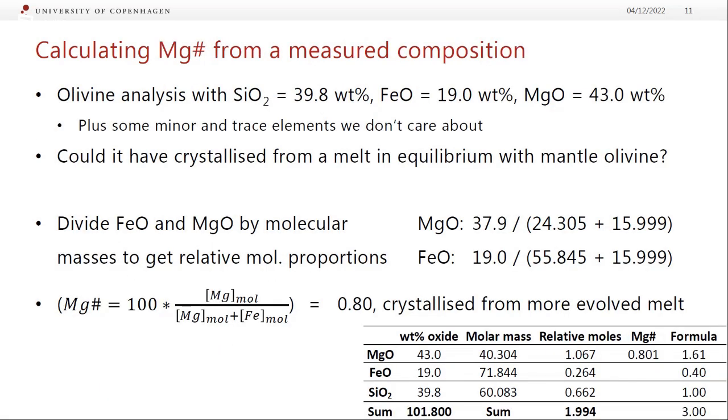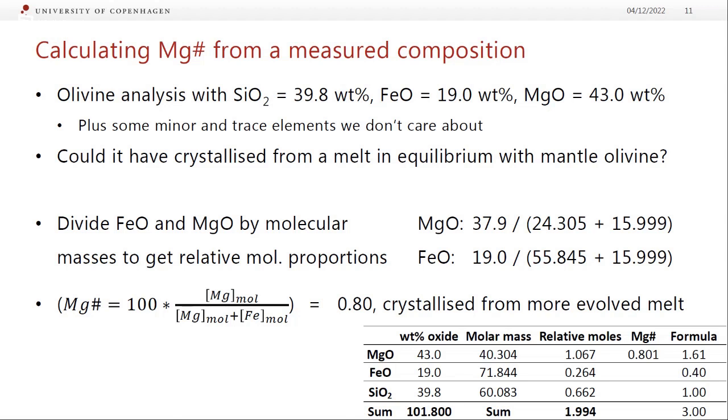All right. Now we can do the opposite, and this is actually a lot more normal, right? When we measure an olivine composition, we don't usually have a machine that just spits out an Mg number. So usually we're going to get a composition in terms of weight percent oxides, and we want to convert that into a mineral composition to make it a bit easier to discuss and work with.